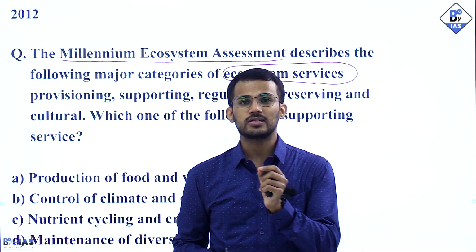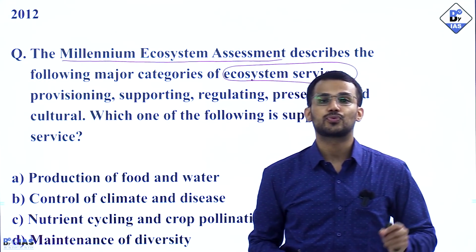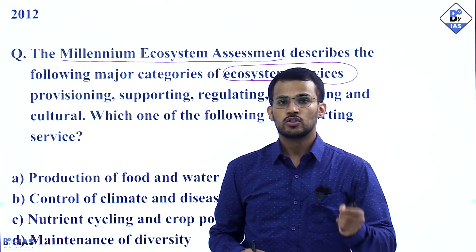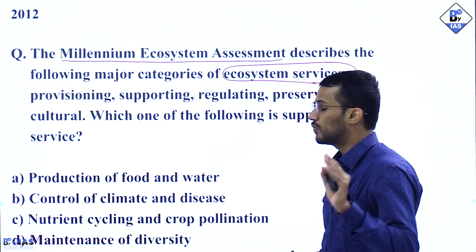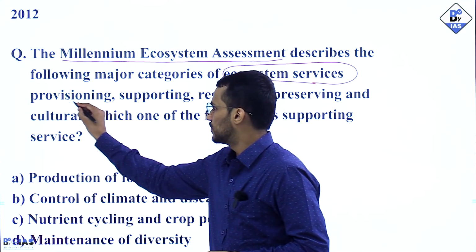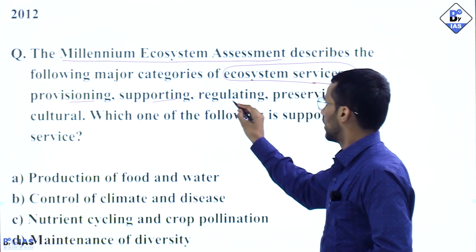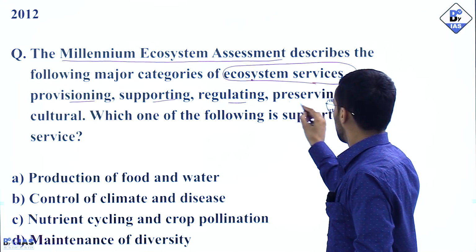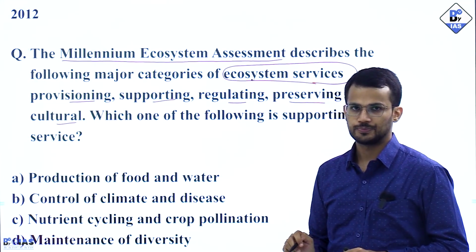Ecosystem services are the goods and services that we receive from nature, right? It has given 5 categories: provisioning, supporting, regulating, preserving, and cultural services.